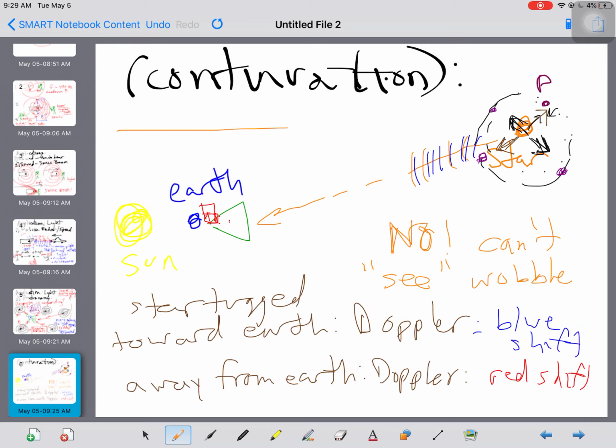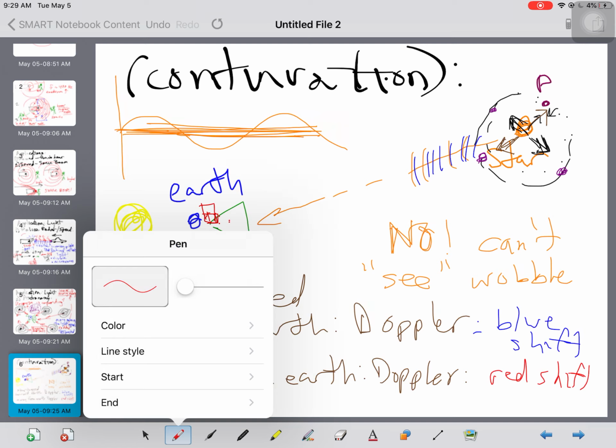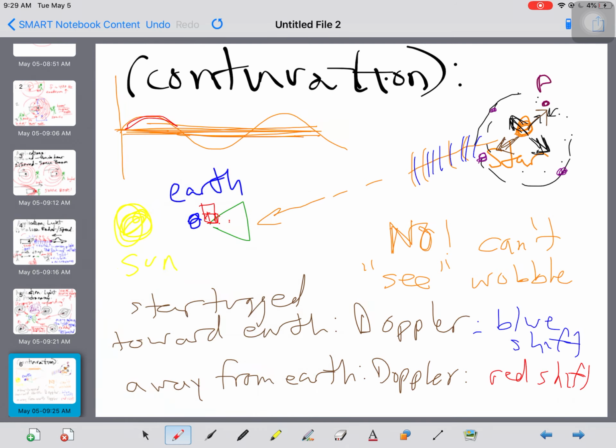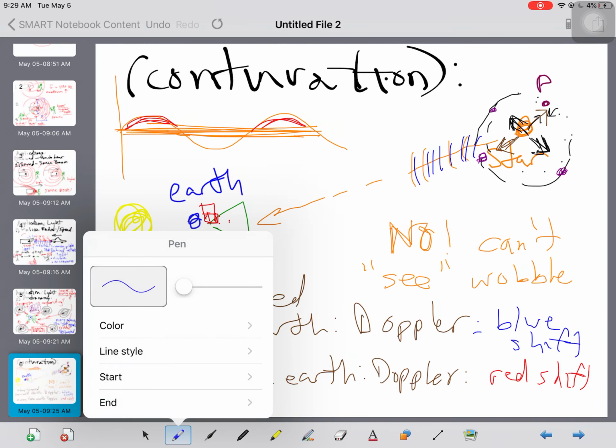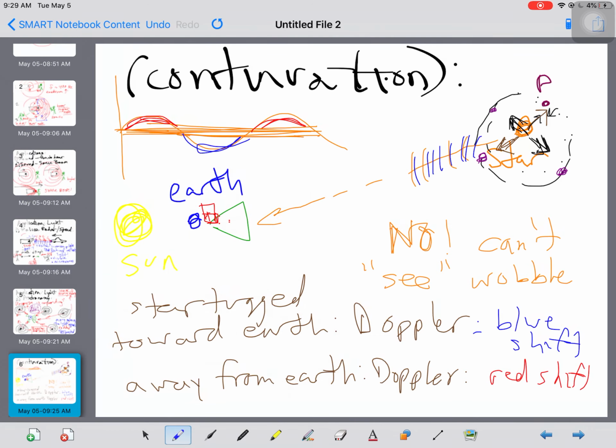Let's say here's what you expect the normal color to be, right here. But you actually see a little bit of a wobble in the color. You actually see it going like this. Whereas anytime it's up here, it's looking a little more red. And anytime it's down here, looking a little more blue.